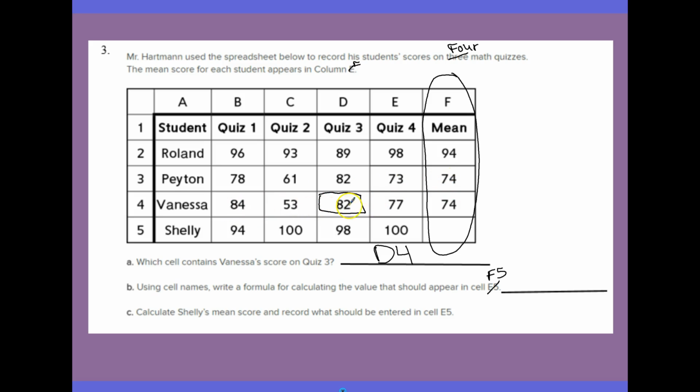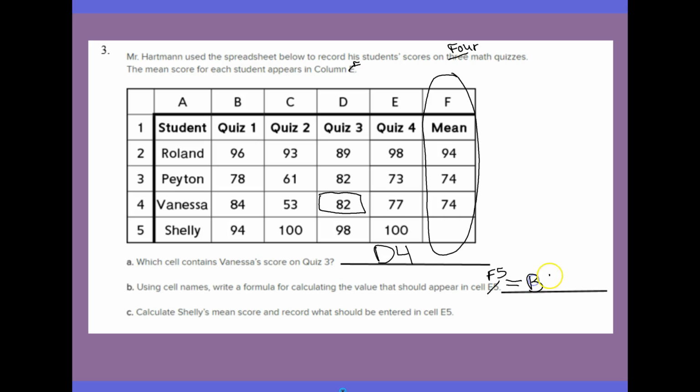And then the same as this one. So for our last one, we are going to say our formula is going to be equal sign 94. Sorry, back up. It's not going to be our number. Remember, it's going to be the column name. So instead of writing 94, I'm going to write B5, right?